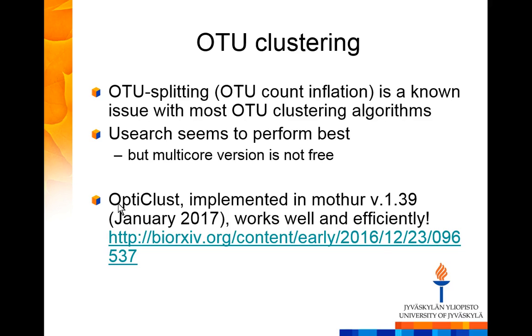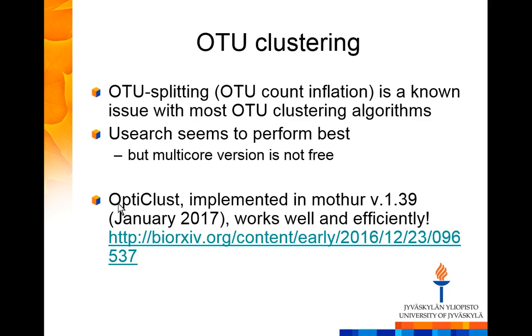And according to the USearch manual and people's comments and tests, and I think also publications, USearch again seems to perform best when you read the data that is already there.